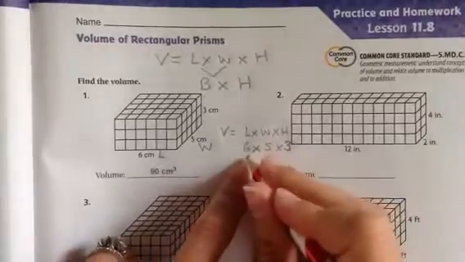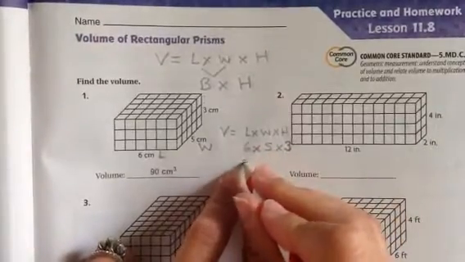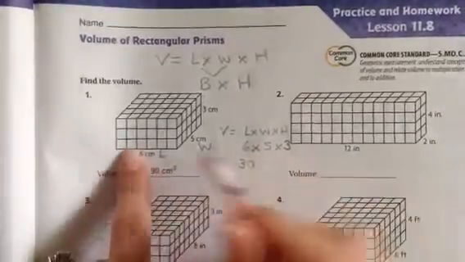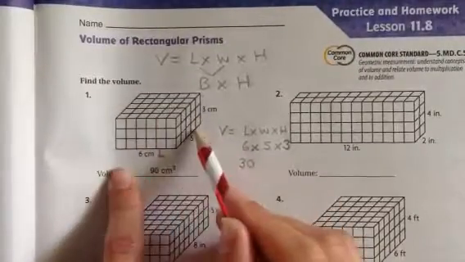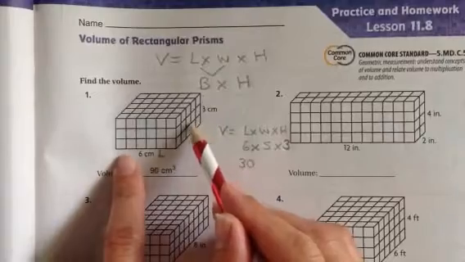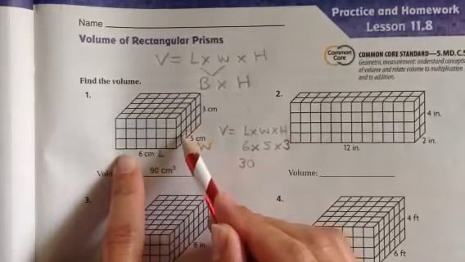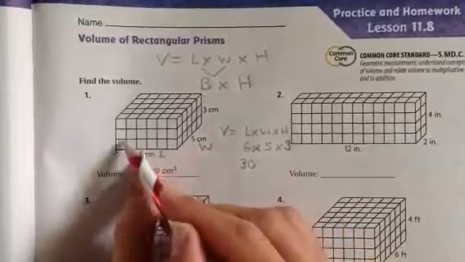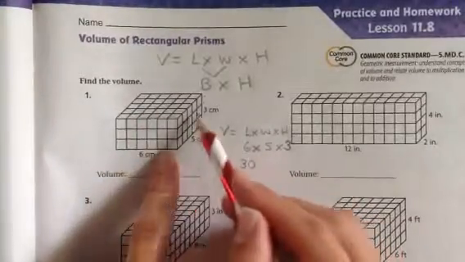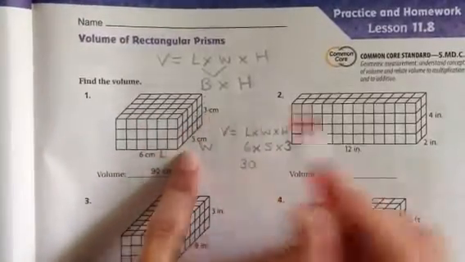effect. So 6 times 5 is 30, and we can't see that there's 30 total cubes here because we can only see that outside portion. So in order to find what is being occupied, the space occupied inside, that's where we add the height.